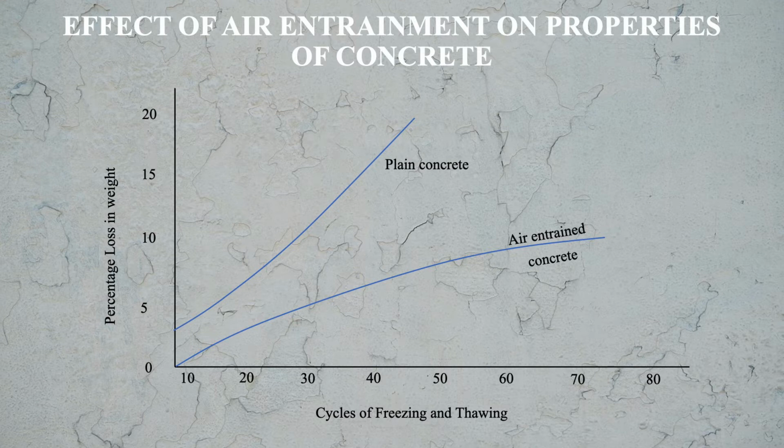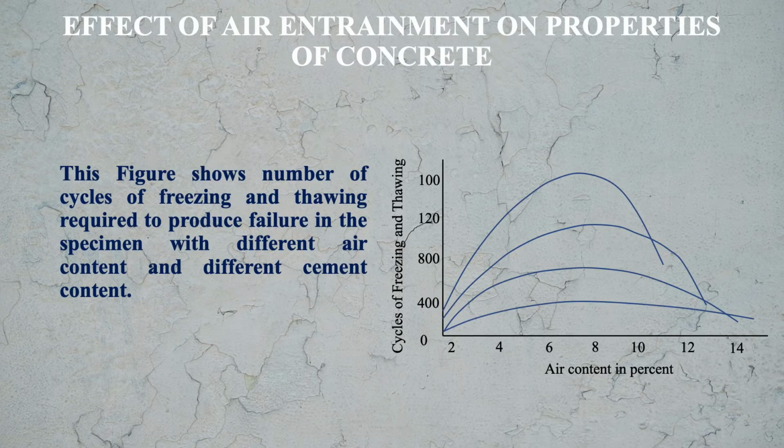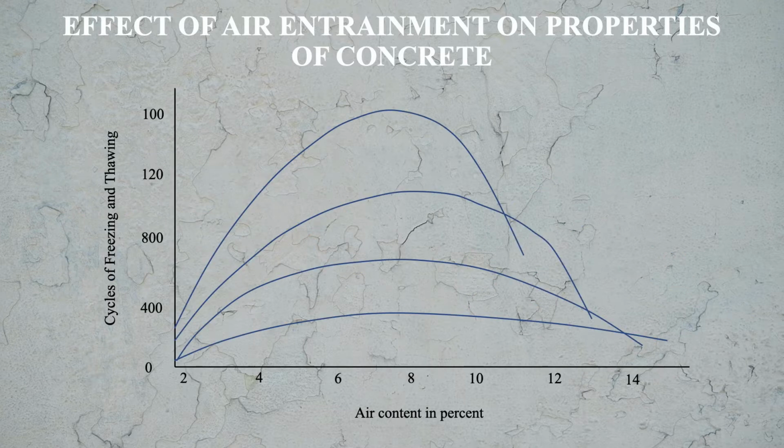Now the second figure shows the number of cycles of freezing and thawing required to produce failure in the specimen with different air content and for different cement content. There are 4 curves for different cement content, but now we are focusing on the advantage of air entrainment.